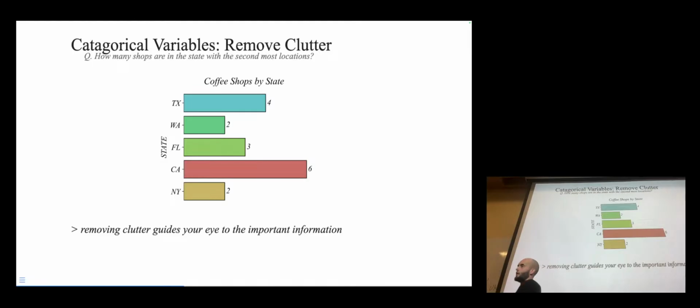So I think the best visualization of this categorical data set is this one. We have the numbers represented on the bars. We're pretty close. There's one more thing I want to show you. We have colors for each one of the categories, which gives us some visual separation between them.